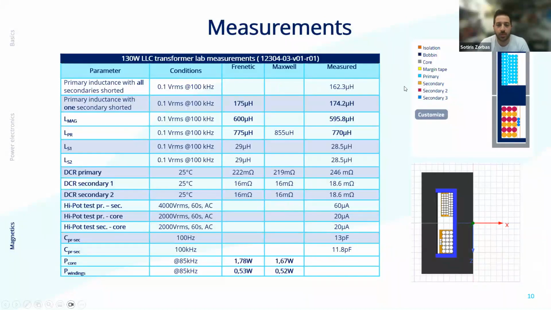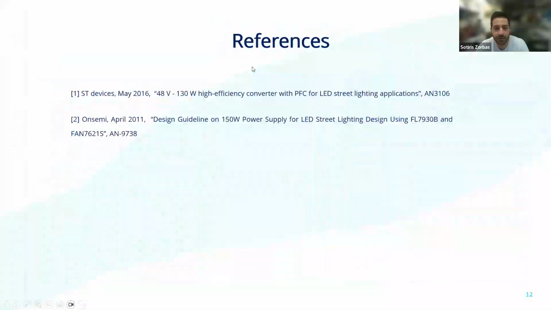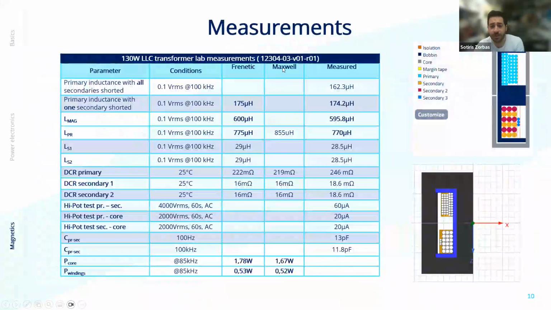Now this is what we have. We have Frenetic, we have Maxwell, and we have the measured results for a sample that we have constructed. So you can see that the accuracy is pretty high here because the predicted numbers are okay.